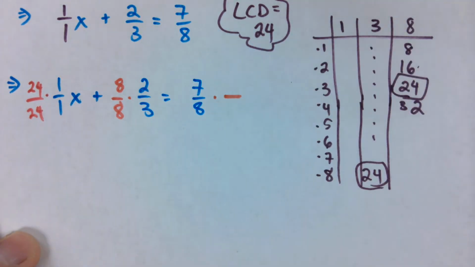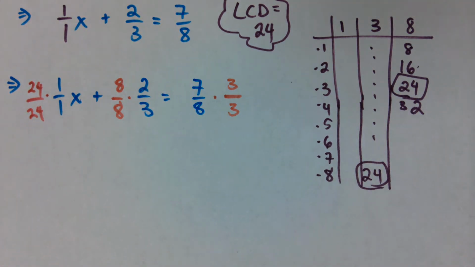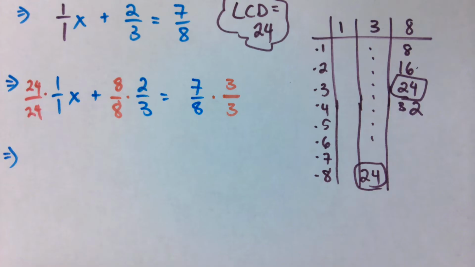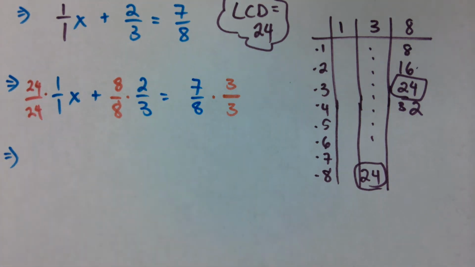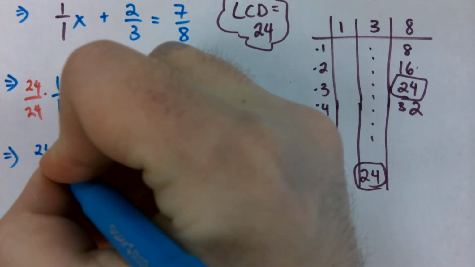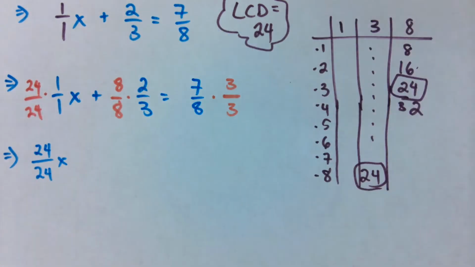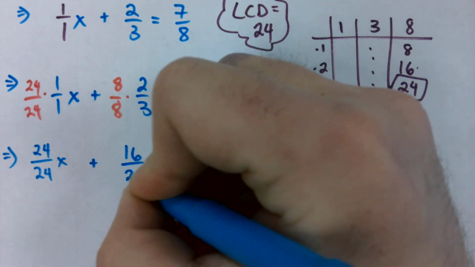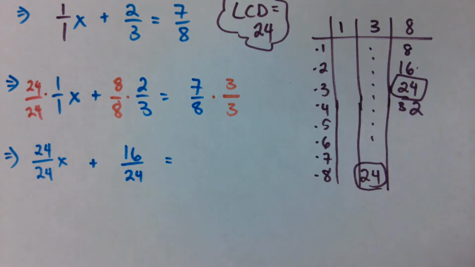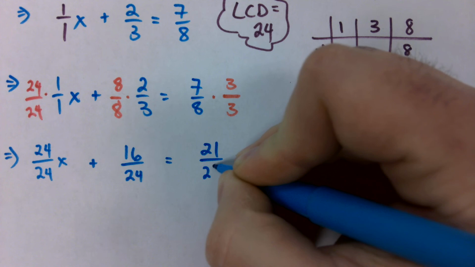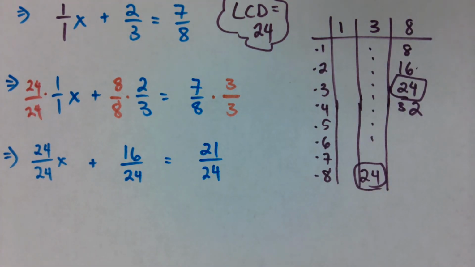And then what about 7 over 8? It's going to be 3 over 3, right? If we want 24 on the bottom, we've got to multiply 8 by 3. We multiply all those out, we get 24 over 24x plus 16 over 24 equals 21 over 24.